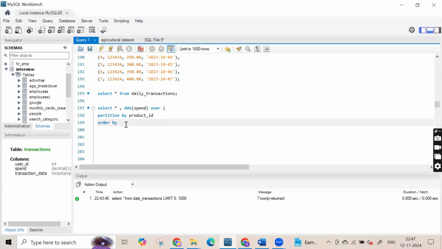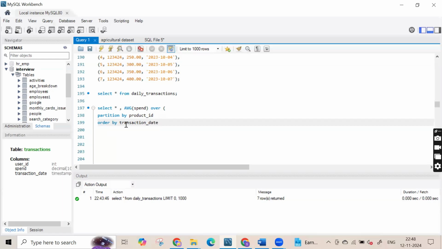In this case, the granularity is days. So you have to make sure that it has been ordered by the transaction date, because otherwise the average which you calculate will go wrong. And ordering by transaction date means it will be in ascending order, because that's the default behavior. So if a transaction has happened on day 1, it will show first, then 2, then 3, then 4, and then you will be calculating the moving average.